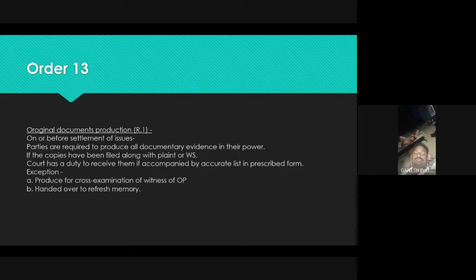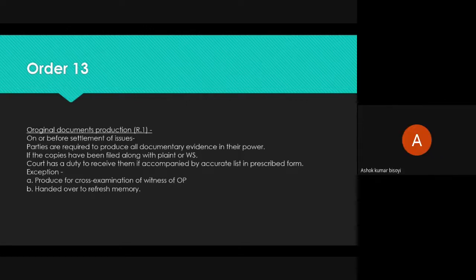Because while studying plaint and written statement, we had studied that while submitting the plaint or written statement, as the case may be, whatever documents you are relying on, you have to supply a copy of the same. So if you do not give the copy, then you can't produce the original now. So before settlement of issues, you have to produce the original, but subject to the condition that you have given the copies along with the plaint or the written statement.